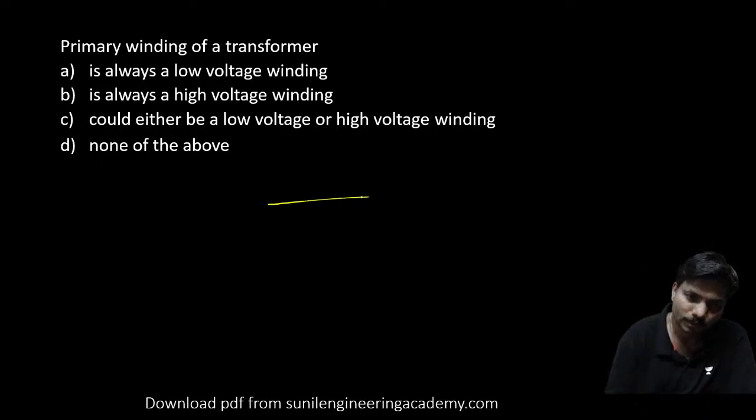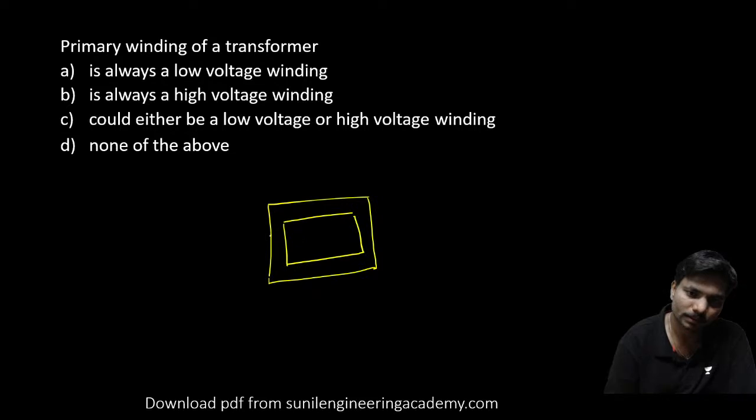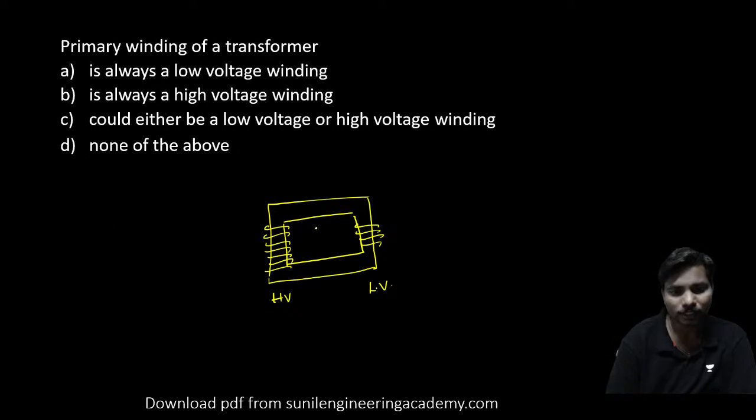Coming to this transformer, there is no inherent primary winding or secondary winding. Any transformer has two windings, one is the HV winding and one is the LV winding. The higher number of turns is the HV winding, the lower number of turns is the LV winding. If you give the supply to one winding, it becomes the primary winding.